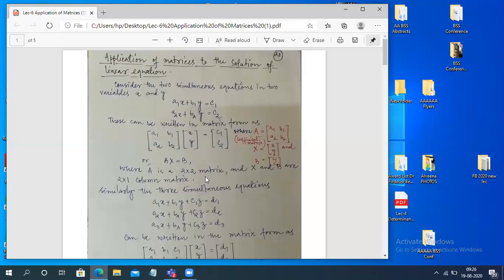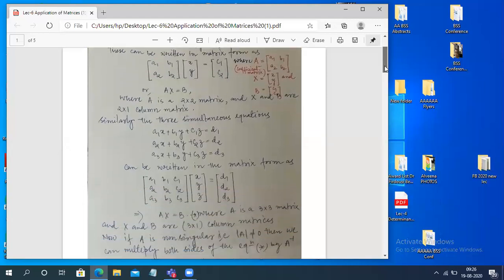Now if you have more than two unknowns, for example if we have three unknowns x, y, z, then this system can also be written in the form AX is equal to B, where A is again the coefficient matrix of x, y, z. So the first row of the coefficient matrix will be formed with the coefficients of x, y, z given in the first equation. The second row will be formed with the coefficients of x, y, z given in the second equation.